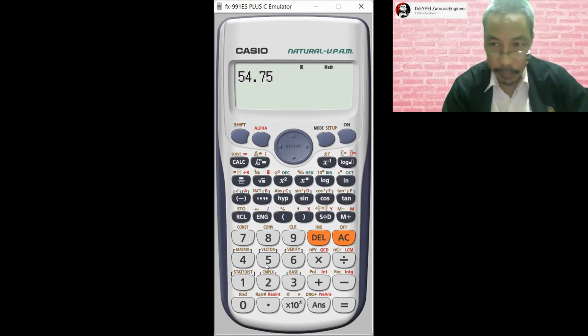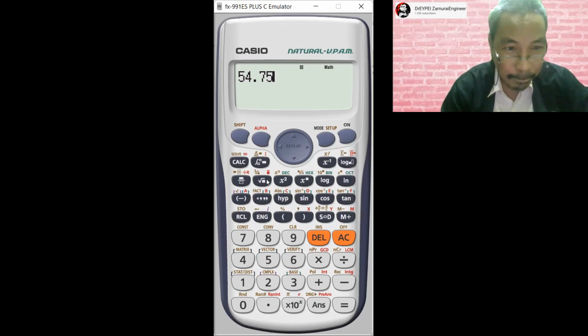So please bear with me because I am also learning how to use the calculator. I think the green color here is binary. So how to do it?